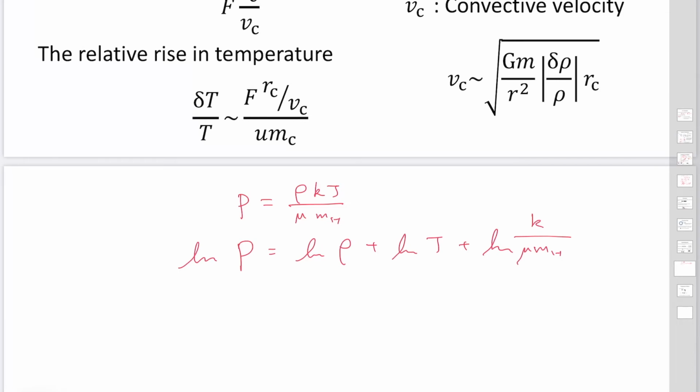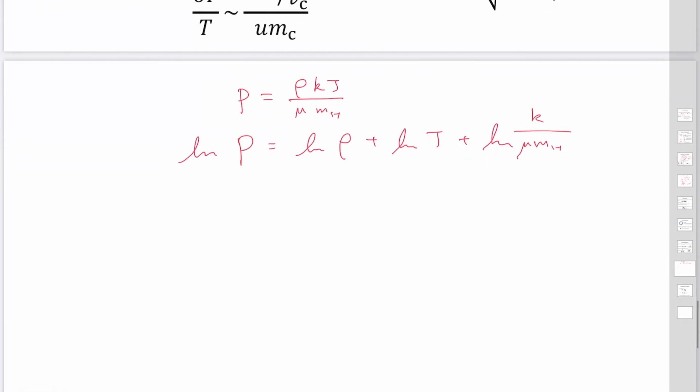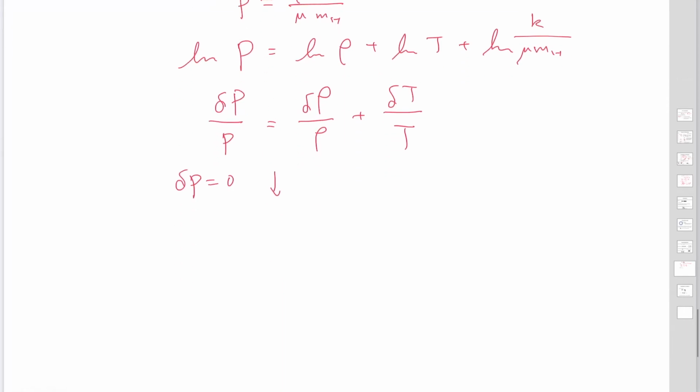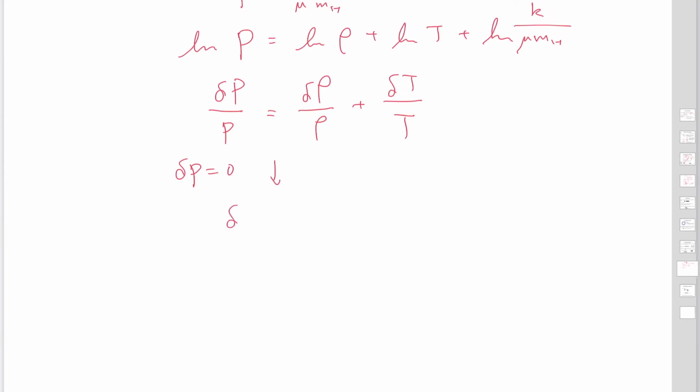Then take a small change on both sides. So this means delta P over P equals delta rho over rho plus delta T over T. If delta P is 0, then delta rho over rho is equal to minus delta T over T.